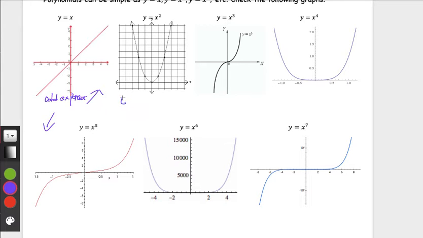For even exponents, it is always like this: both ends go up. The reason we analyze this is that we use how x changes to predict how y changes. That is basic end behavior.